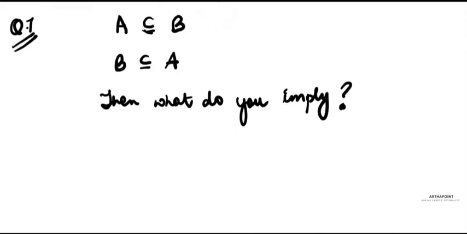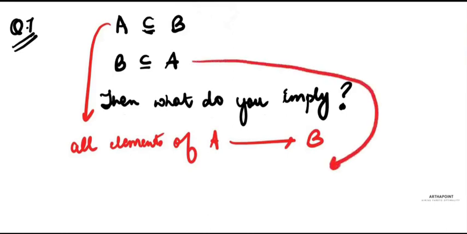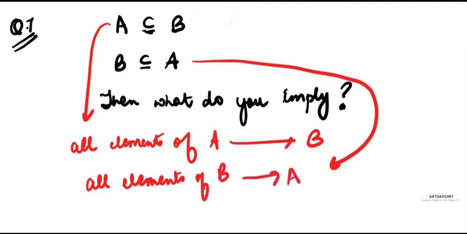So just consider this, very simple. If A is a subset of B, then all elements of A should be present in B. Whatever is in A, it has to be there in B. But if B is a subset of A, then all elements of B have to be in A. Right, same elements, absolutely.